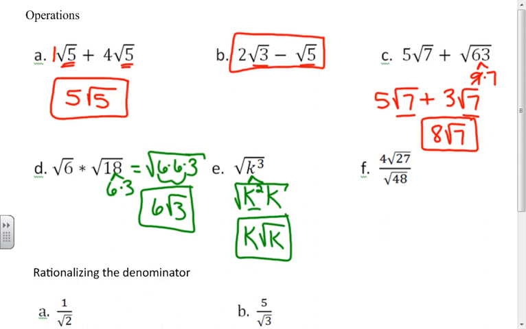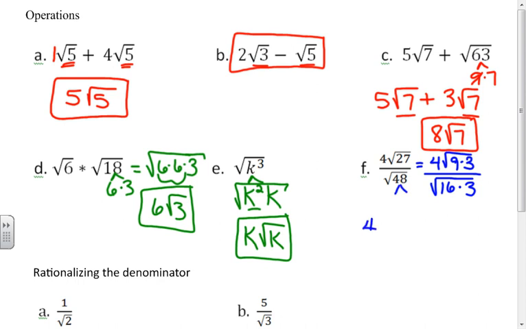Now this last one, we are back to needing to rationalize and/or cancel. So a couple of different things that you can look at. You could simplify these first. So I see this as 4 times the square root of 9 times 3, and 48 is the square root of 16 times 3, because I happen to know that there's a perfect square of 16 in there.